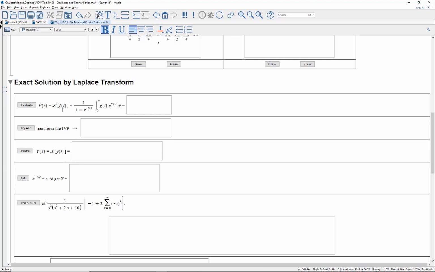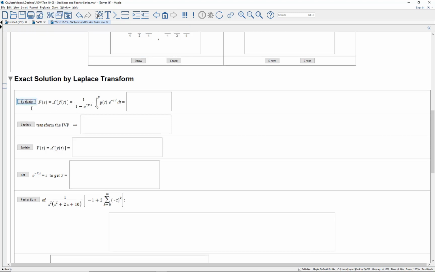This is the compensating factor. Laplace transform. Transform the equation with the inert boundary conditions. You need to isolate y. Invert this.